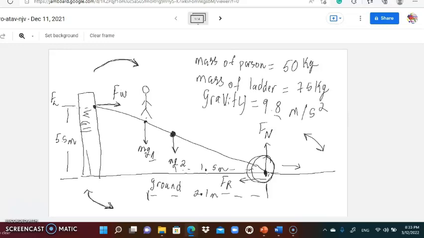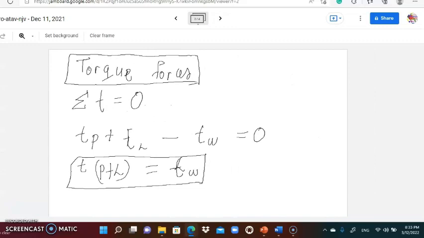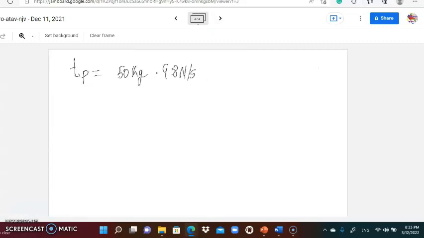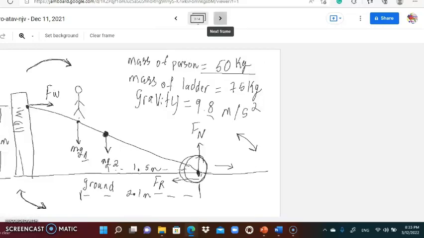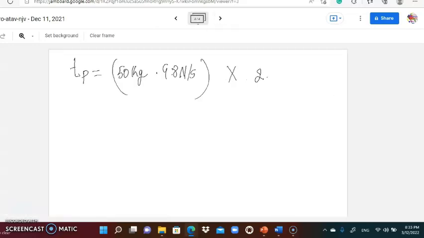Now the force of the person is going to be the force due to gravity, which is the weight of the person, right? So that is going to be the mass of the person times g. And of course, we're multiplying that by its perpendicular distance, which is 2.1 meters.